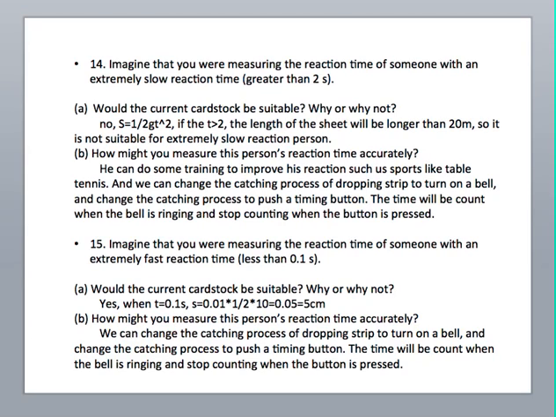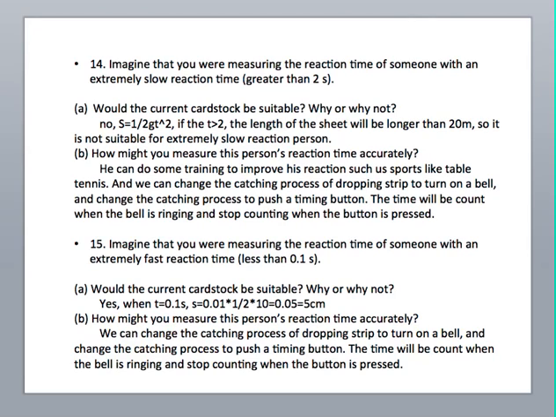And 15 is, imagine that you are measuring the reaction time of someone with an extremely fast reaction time, which is less than 0.1 second. A, would the current cardstock be suitable? Why or why not?